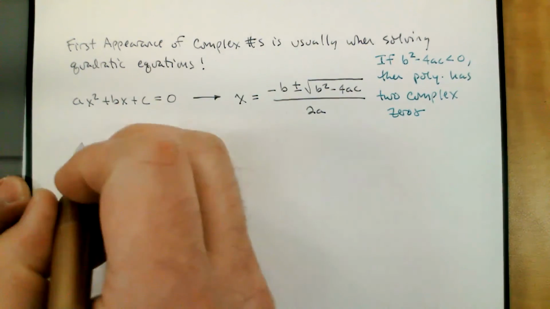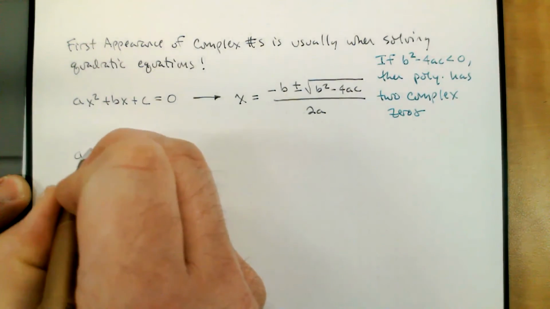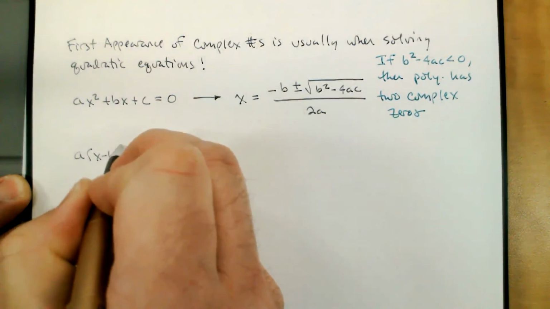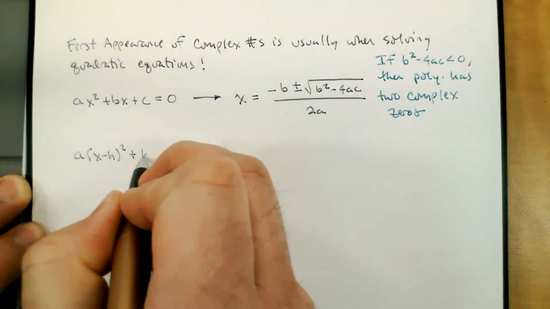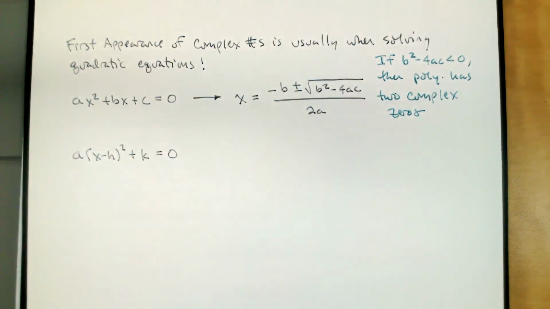I prefer coming at this problem from the vertex form, because the variable only appears one time and we can use inverse operations in reverse order to solve.